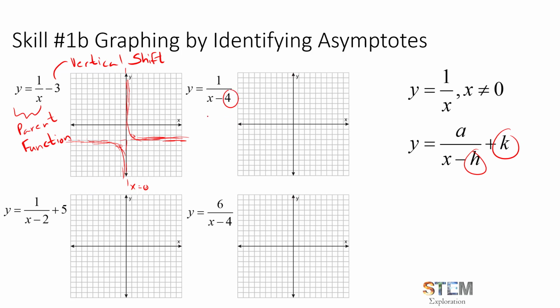This is another great example. So here we have h is equal to 4, so that is a rightward shift of 4. And so based on that, there will be a vertical asymptote here. And then the horizontal asymptote will be here, since there is no k value, k is equal to 0. And so the same type of thing will occur since that's a 1, all right?